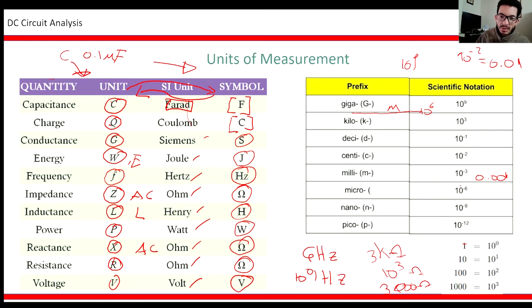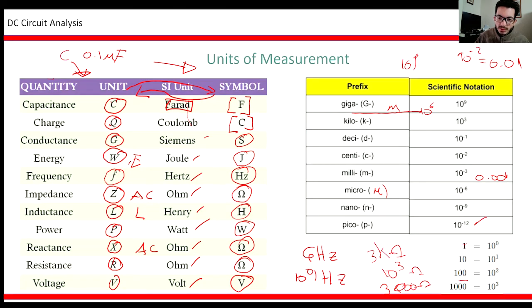So a power of negative 6 is obviously smaller than negative 3, so this number will be much smaller than milli. Micro, which is a mu, Greek letter, is 10 to the negative 6. Nano, which is a lowercase n, is 10 to the negative 9, like nanometers. Pico is extremely small, 10 to the negative 12.